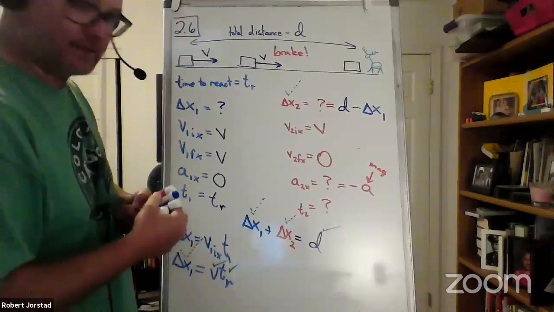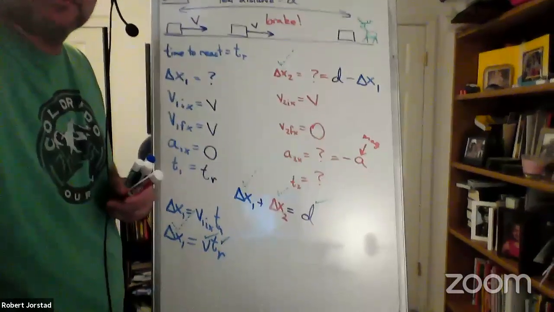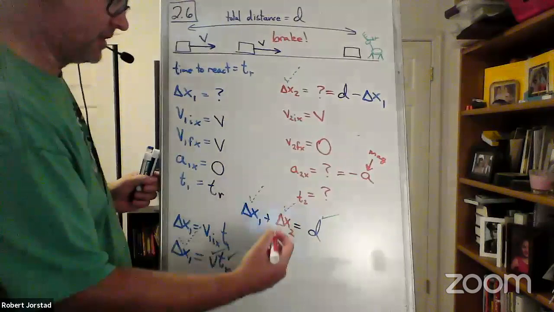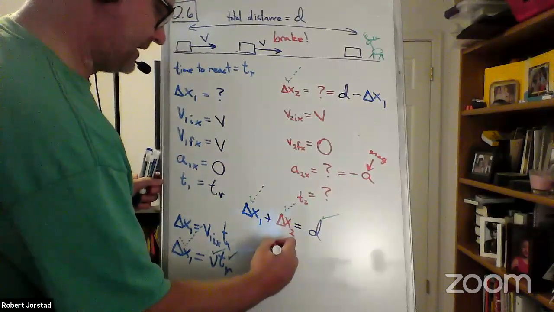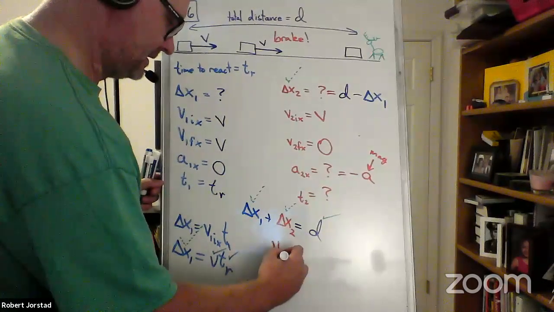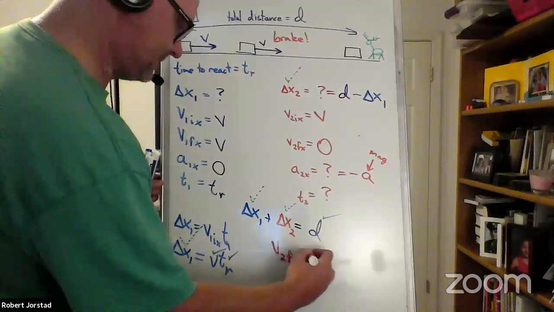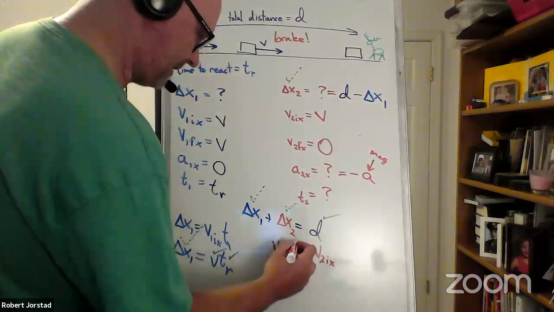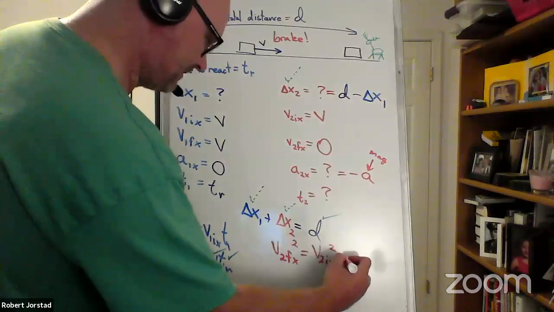So now I'm going to write the red equation here. I know in this case, what do we have here? I know that V final X, I'm going to do the squared equations.